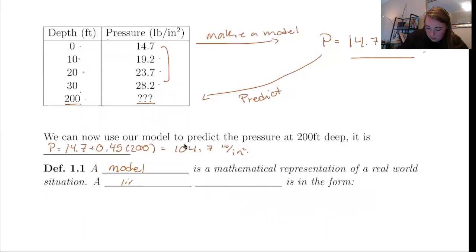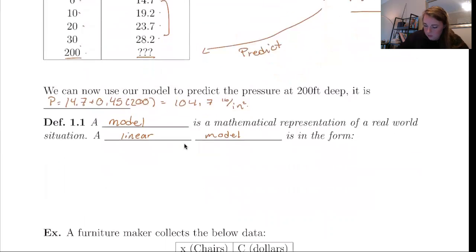A linear model is of the form y equals, your textbook has it written one way, and we'll do it that way, a plus bx.